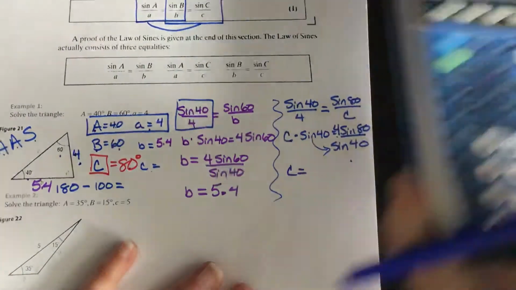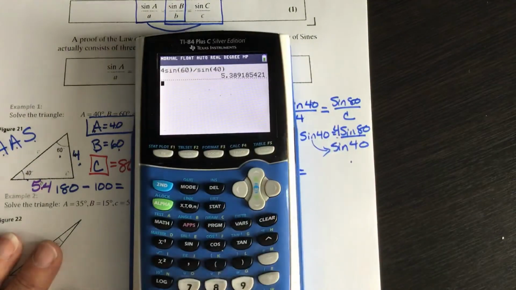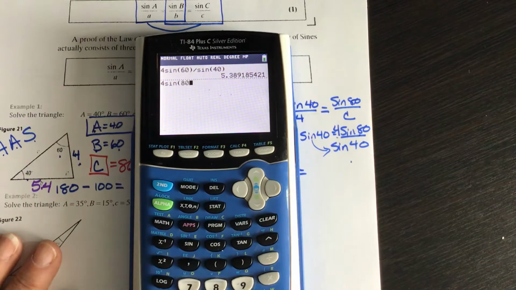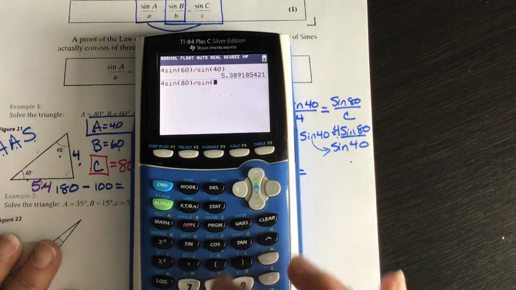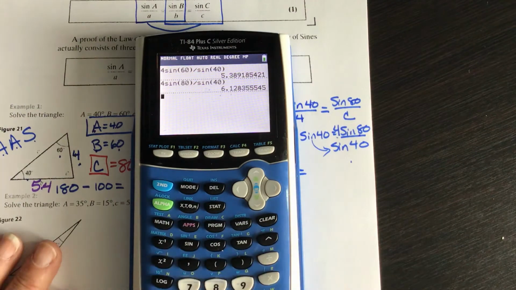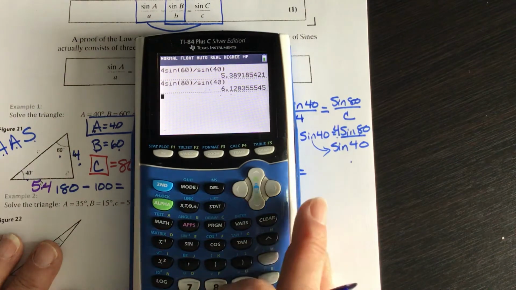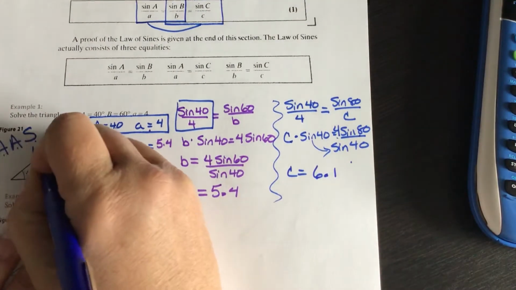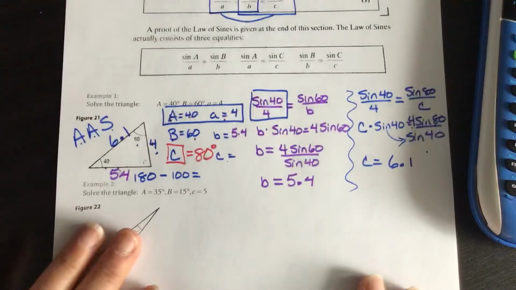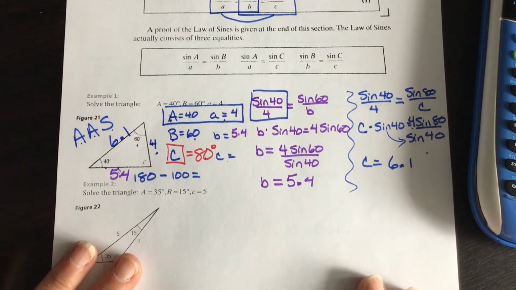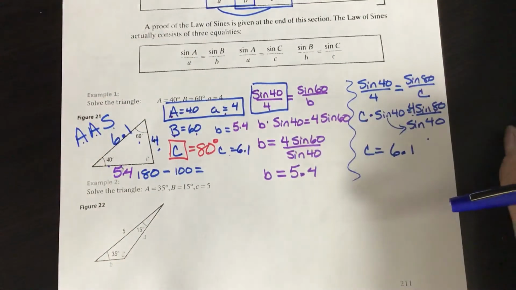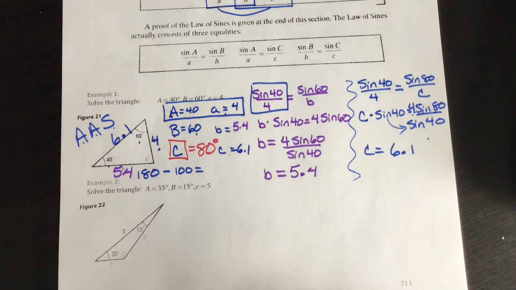In that case, I have 4 sine 80 divided by sine 40, which is 6.12, or 6.1, and that would be that side right there. And this is 6.1. All right, so we know all of the parts of the triangle.